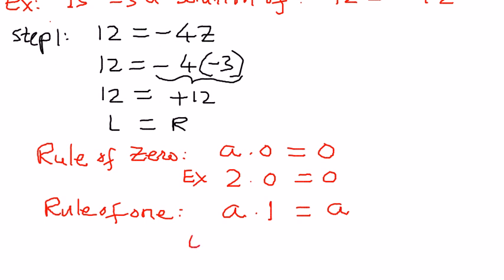An example would be, if I have a number 5, and I multiply that by 1, it is not going to change the value of the original number 5, it will just remain the same. So any number multiplied by 1 will be the same number. Any number multiplied by 0 will go to 0.